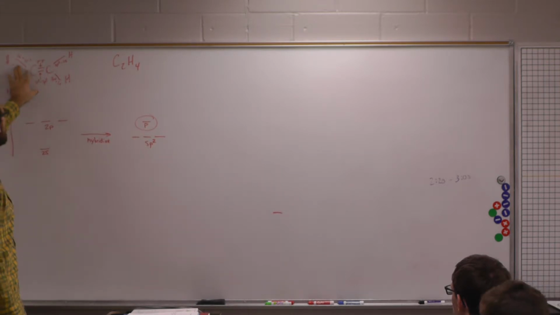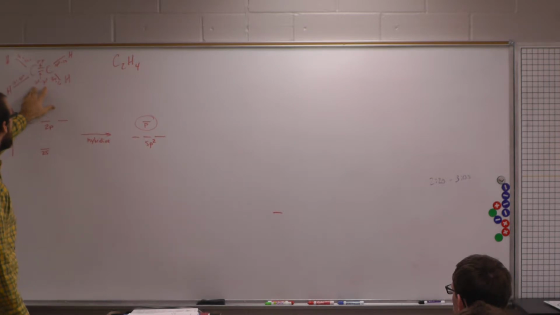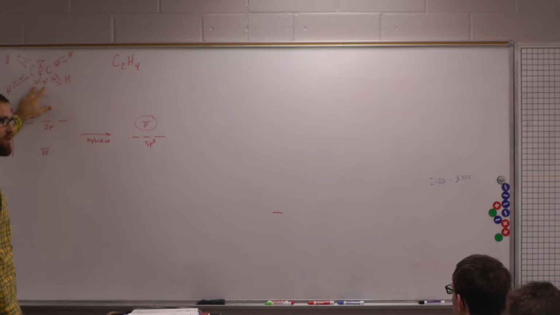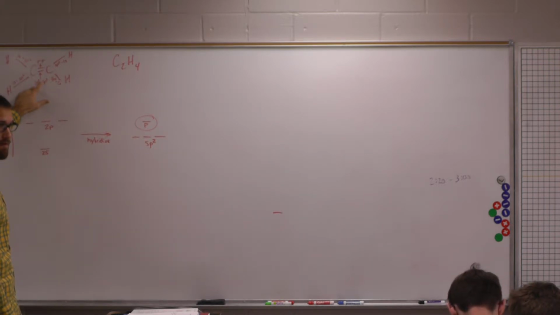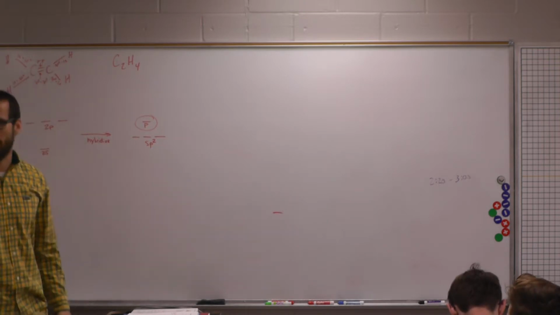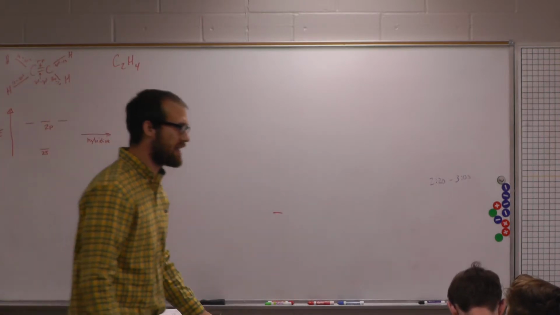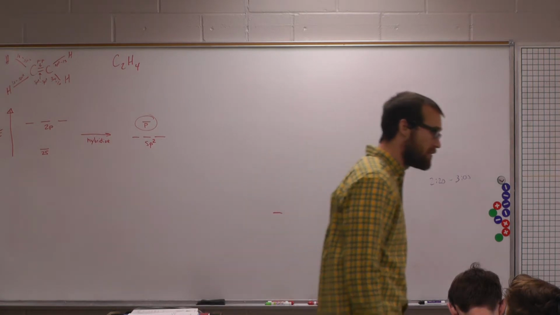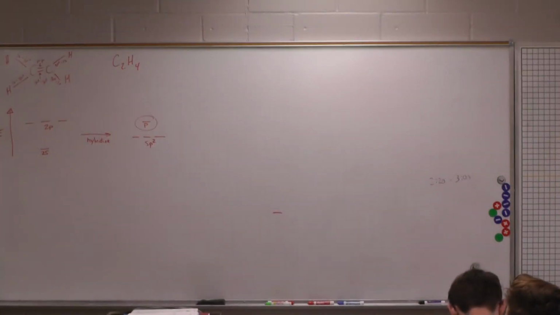Then the remaining sp2 orbitals of the carbon form the sigma, or the first bond of the double bond. Does that make sense? And the second bond of the double bond occurs above and below the bond axis when the unhybridized p orbitals overlap. Questions?